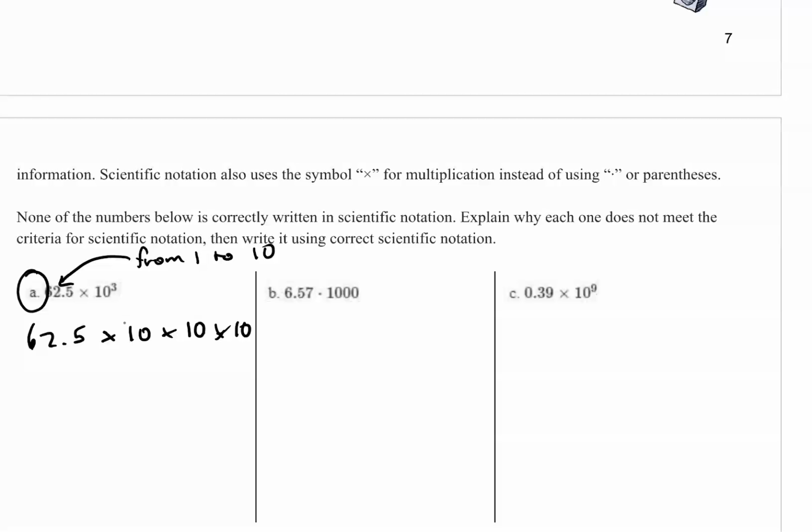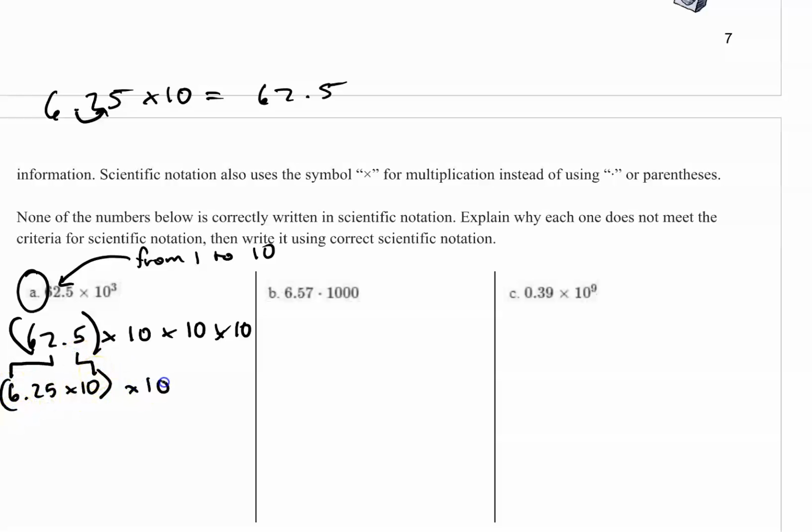And what I need to do is, first of all, point out that 6.25 times 10 equals 62.5. And I know that because when you multiply by 10, all you do is move the decimal over.